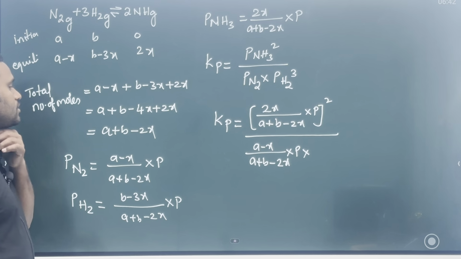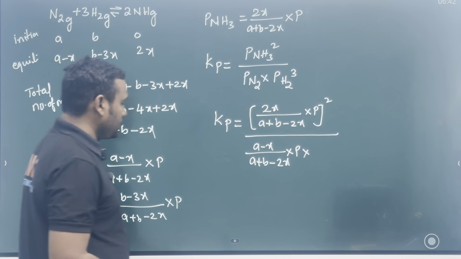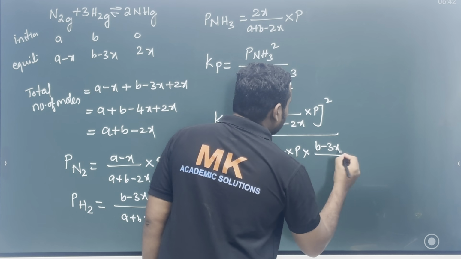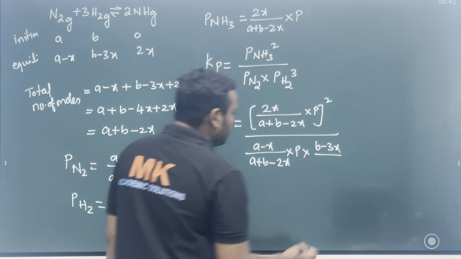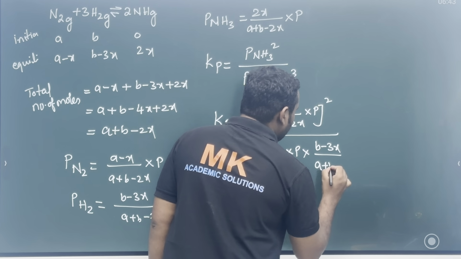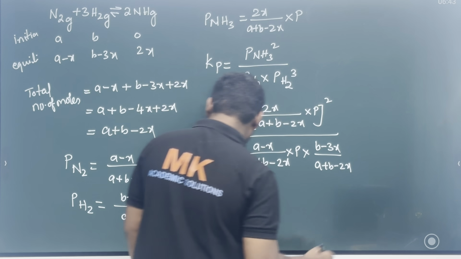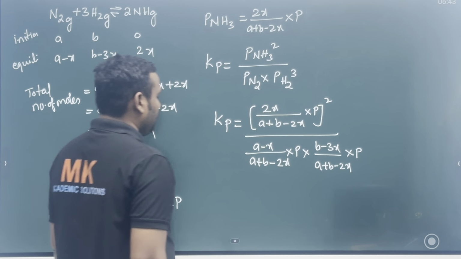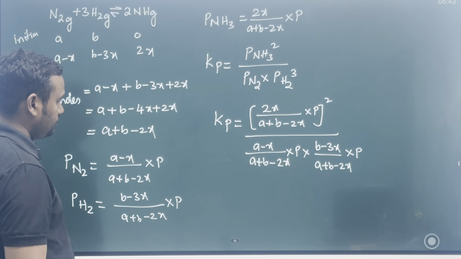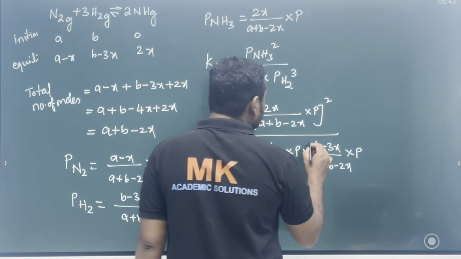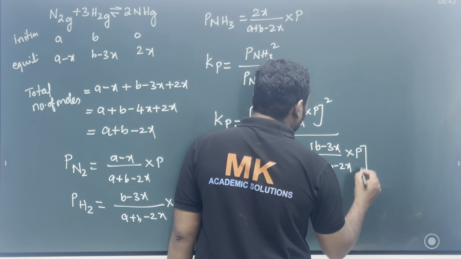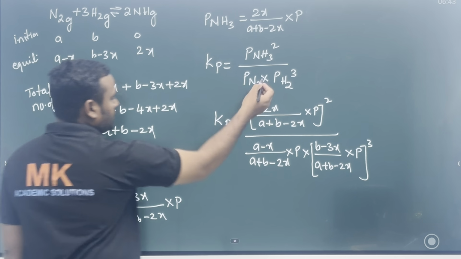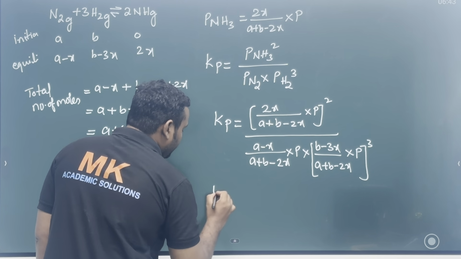What is the partial pressure of H2 here, children? B minus 3x by A plus B minus 2x into P, this is whole cube. Whole cube we need to take. Why? Because here cube is there, right? So now let us rewrite Kp.